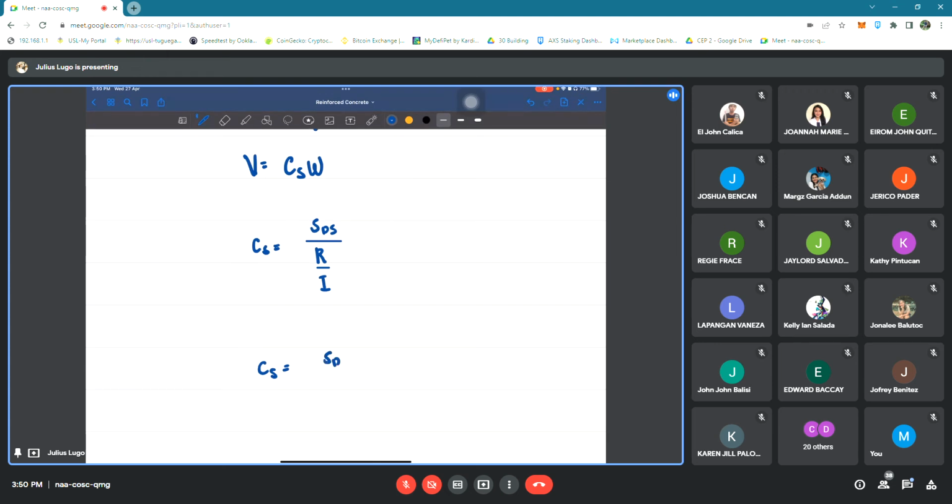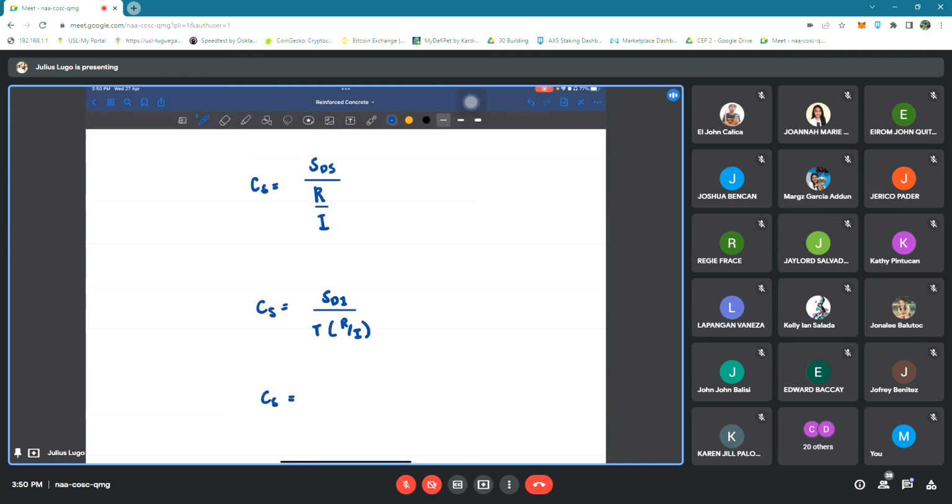That is SD1. Tama ba? SD1 all over T times R over I. Okay. And then what's the third formula for CS, guys? Okay, as per the copy, yung may T squared, tama ba? May T squared. What's the formula?